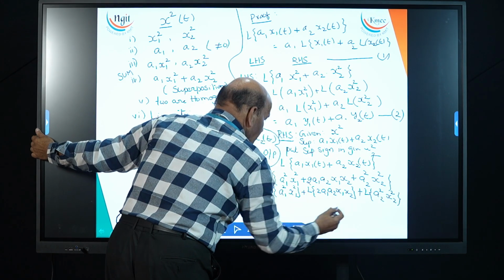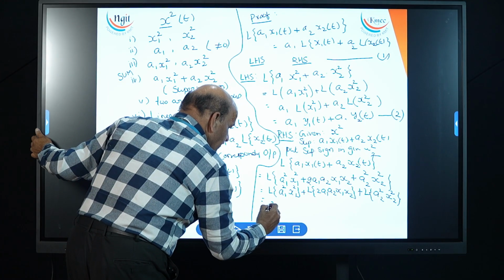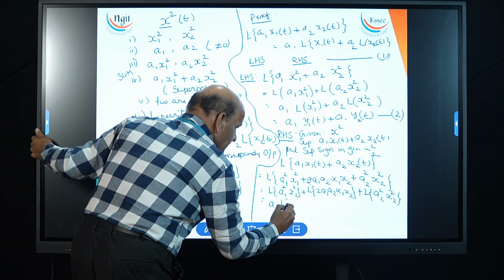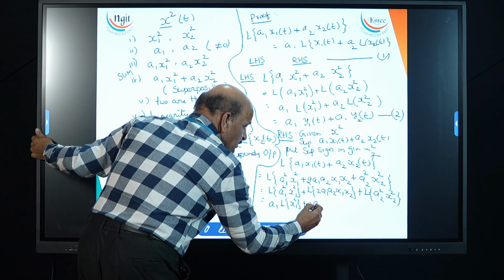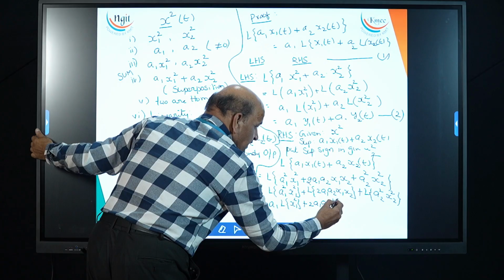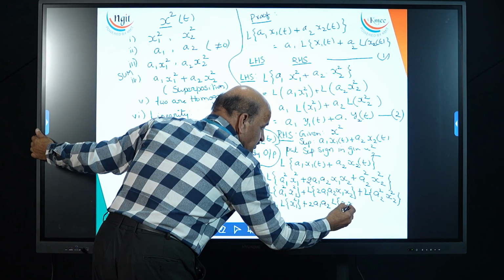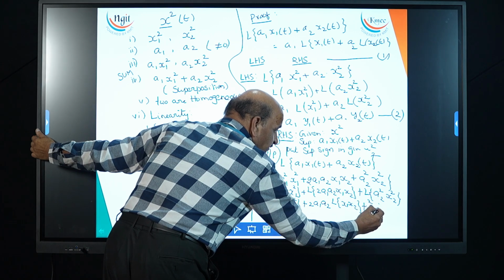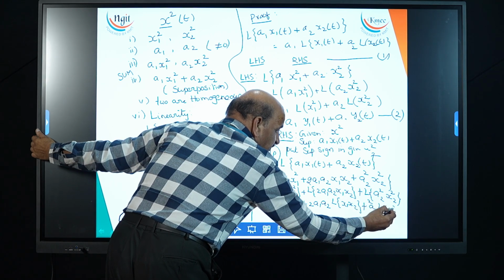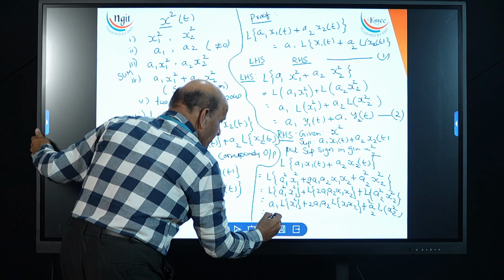Here A1 and A2 are all constants. Take the constants outside: A1 square L of x1 square plus 2 A1 A2 L of x1 x2 plus A2 square L of x2 square.